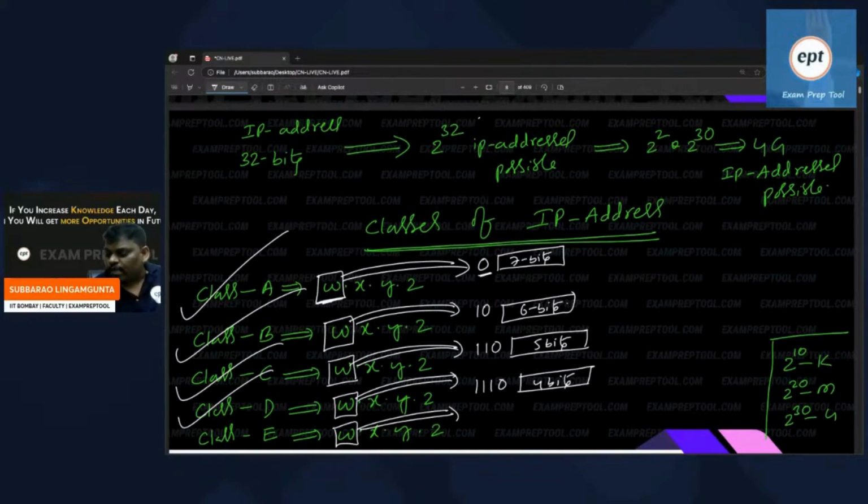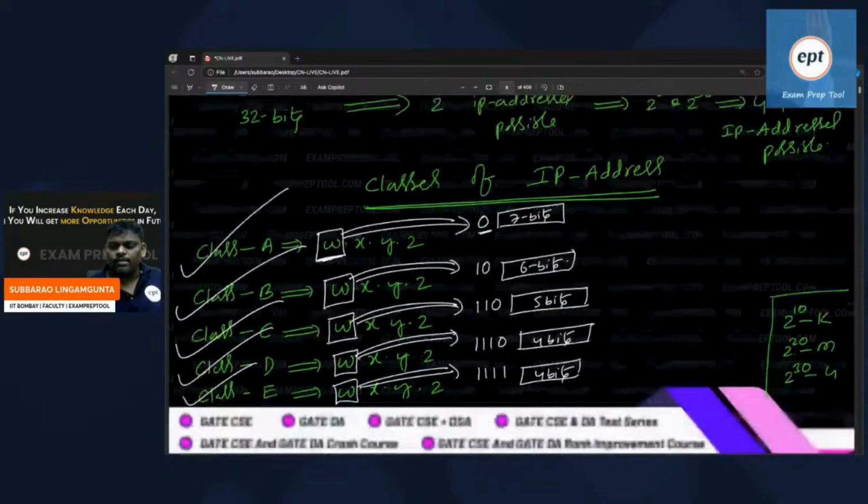If it starts with 0, then class A. If it starts with 10, then class B. Starting with 110, class C. Starting with 1110, class D. Next, 4 ones, the 4 bits, is going to be class E.